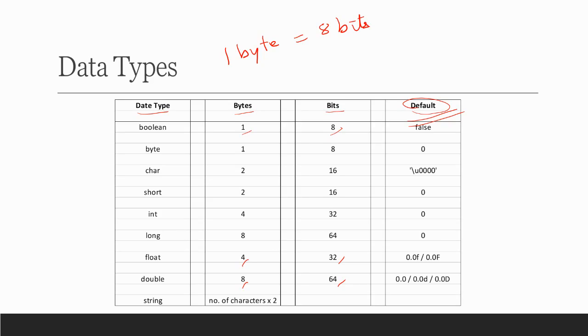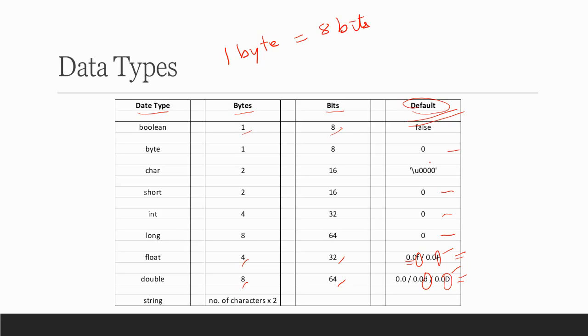All the integer data types have 0 as their default value. As float and double both store decimal values, their default values are 0.0, but in the case of float it is f or capital F, and in the case of double it is small d or capital D, denoting F for float and D for double.